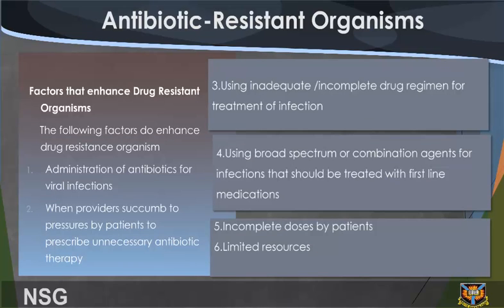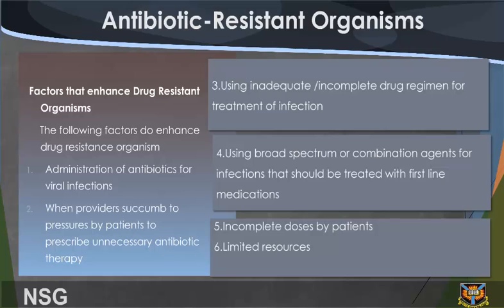Factors that enhance drug-resistant organisms. The following factors do enhance drug-resistant organisms. One, administration of antibiotics for viral infections. Two, when providers succumb to pressures by patients to prescribe unnecessary antibiotic therapy.